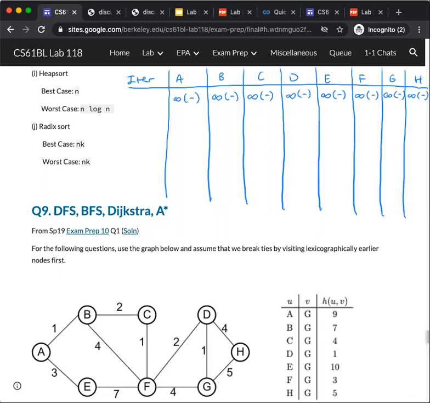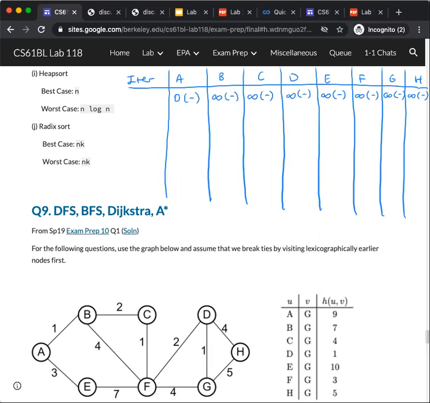Because our start vertex is A, we will change this distance value to be 0 in the beginning, because the distance from the start vertex to the start vertex is 0. Everything else is going to be initialized to infinity.